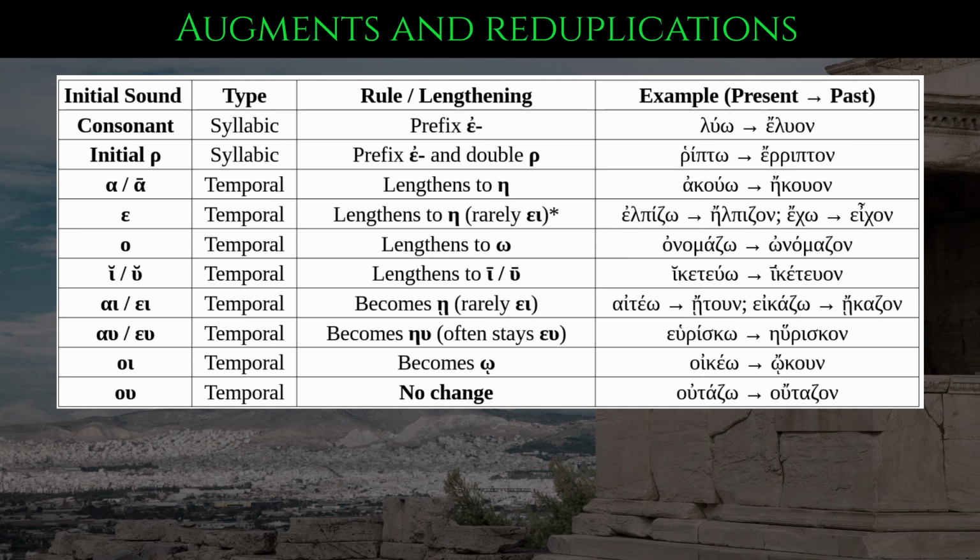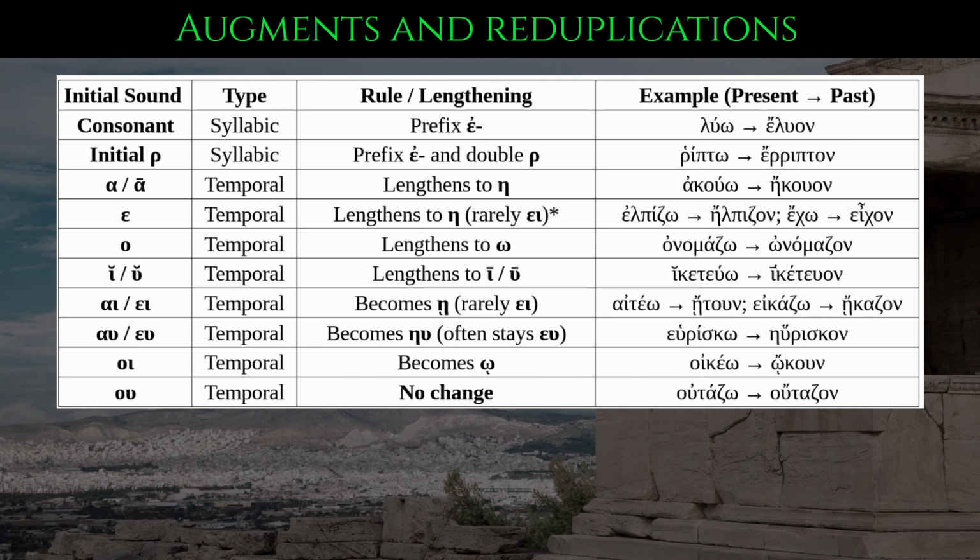The next pairing is alpha ypsilon and epsilon ypsilon, which would make an eu sound. This becomes eta ypsilon. The epsilon ypsilon sometimes remains as epsilon ypsilon. But, for example, heurisko becomes heuriskon. Here it does change.